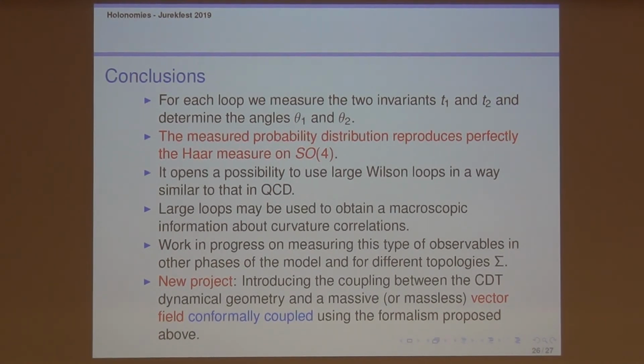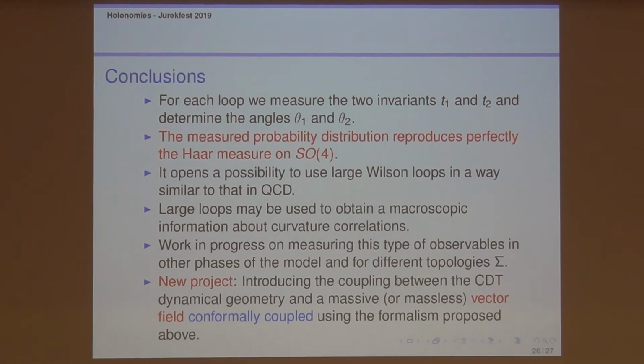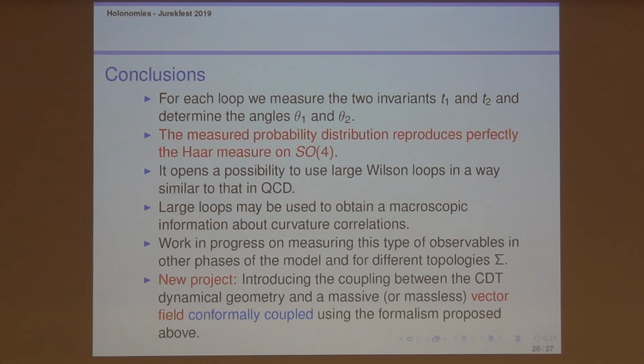The only problem is that nobody really knows what information is contained in large Wilson loops, but this is a question for people from general relativity or perturbative quantum gravity. But we may define a set of completely new observables which we are working on, which are related to correlations between curvatures at various distances and rotations at various distances.